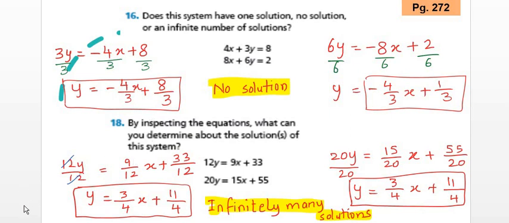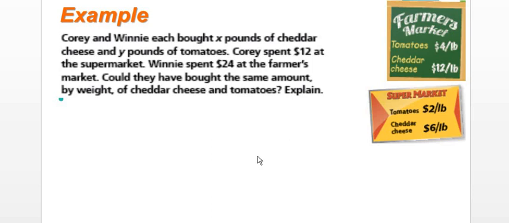Let's solve some word problems now. So here's an example. First let's solve the example, and then we will solve a question from the lesson. Now it says Corey and Winnie each bought x pounds of cheddar cheese and y pounds of tomatoes. Corey spent $12 at the supermarket. Winnie spent $24 at the farmer's market.